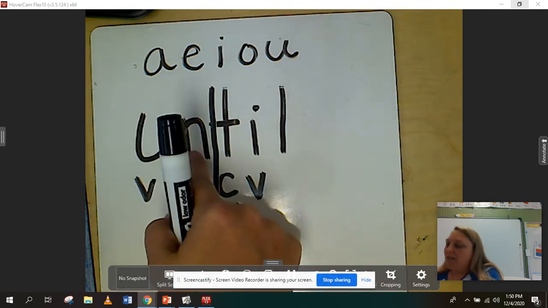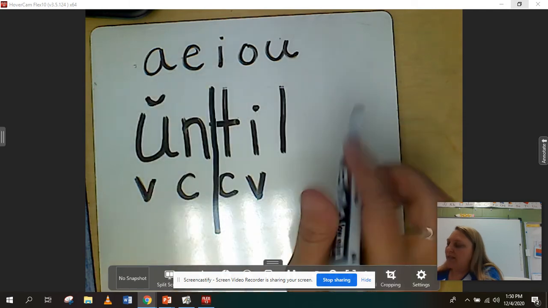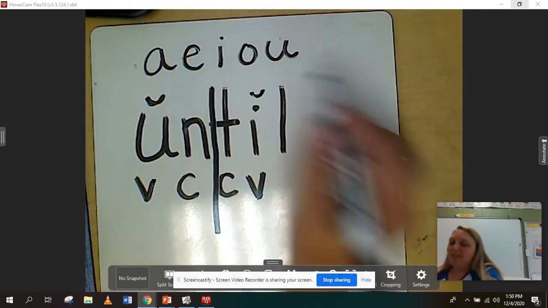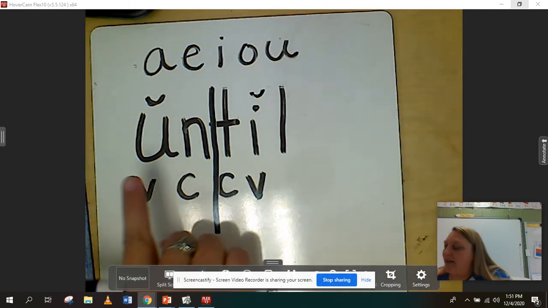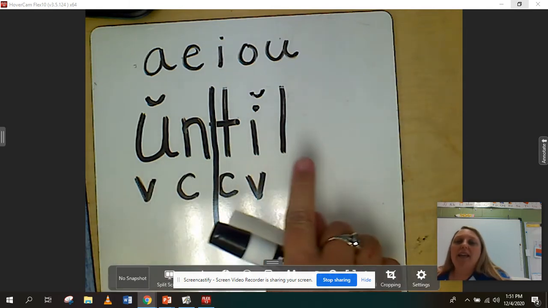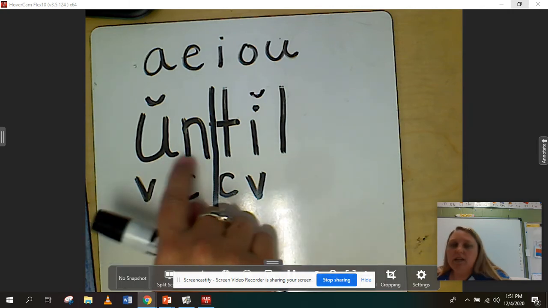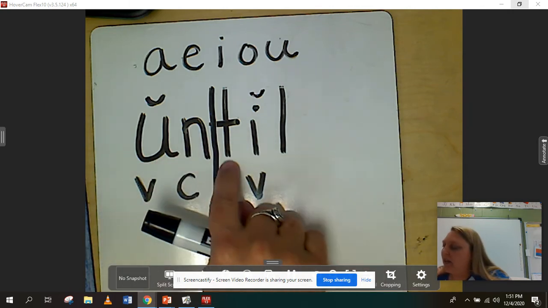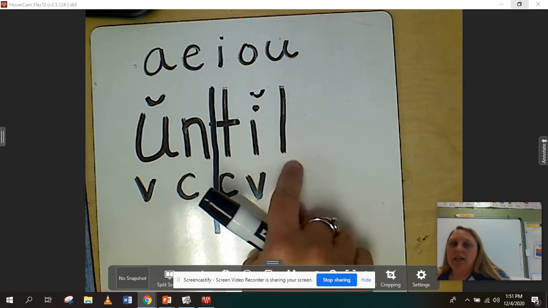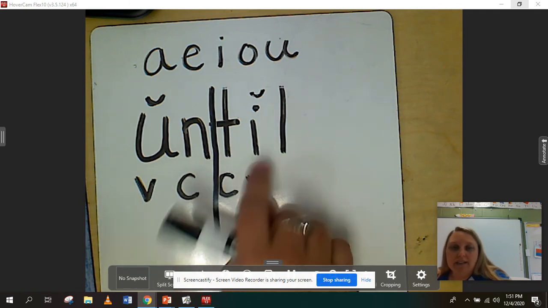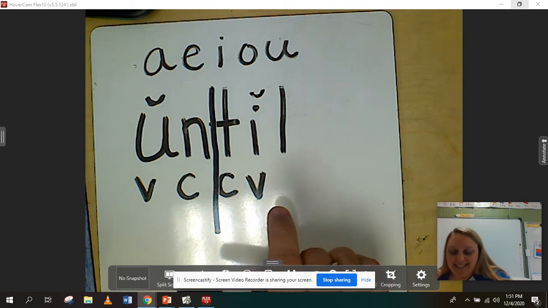So this vowel is followed by a consonant, so it is short. This vowel is followed by a consonant, so it is short. Now, friends, all I need to do is sound out my first syllable and then sound out my second syllable. N, un, t, ill, till, until, until. How'd you do, friends?